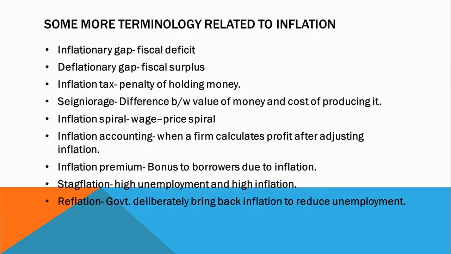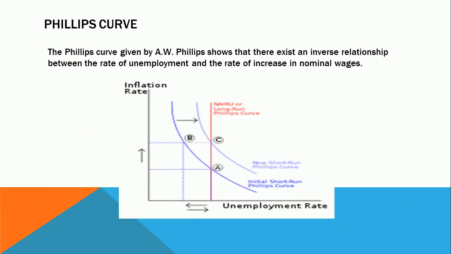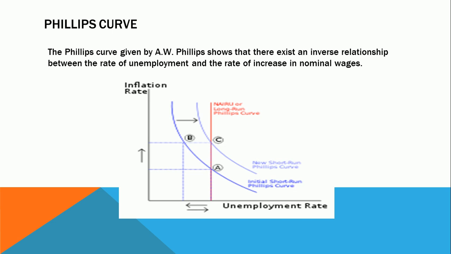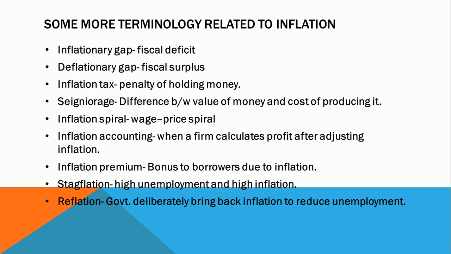So reflation is the situation when government deliberately brings back inflation, that is, there's a rise in the inflation because they want to reduce unemployment. Because of such a relationship between inflation and unemployment, when government wants to decrease unemployment, they have to raise the inflation rate, and when they do it deliberately, it is known as reflation.